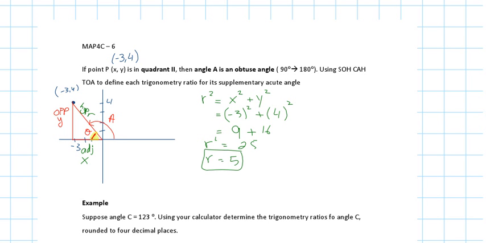So if I'm looking for sine, remember that the angle, technically the one I'm measuring, is the big angle, right? Because I'm looking at my original angle. Now if I'm looking at sine A, so sine is what?